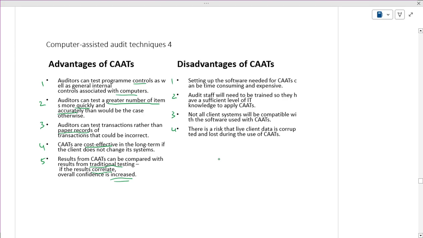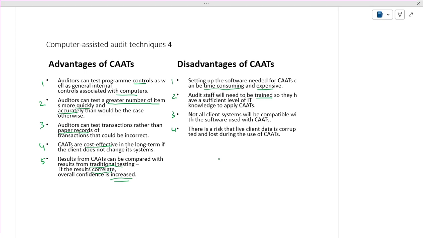Whereas setting up software is time consuming and expensive. This is general and doesn't need more explanation. Audit staff should be trained so that they have a sufficient level of IT skills. But nowadays, this is part of the training. The moment you move from one job to an audit firm, they will give training for all new recruits.